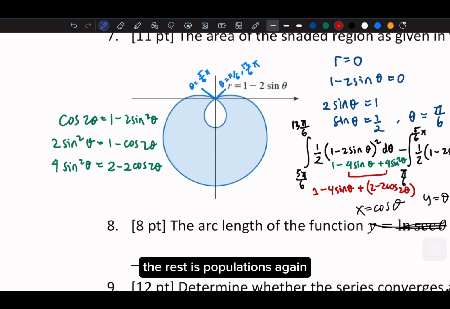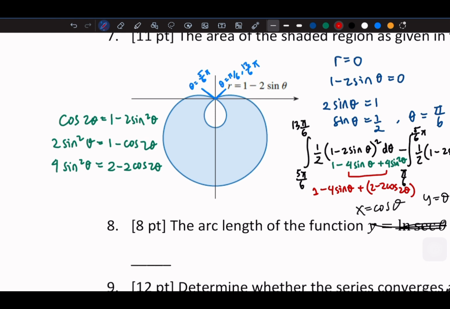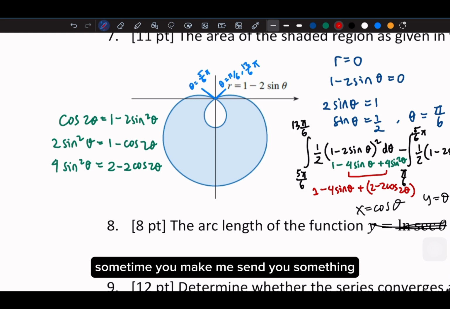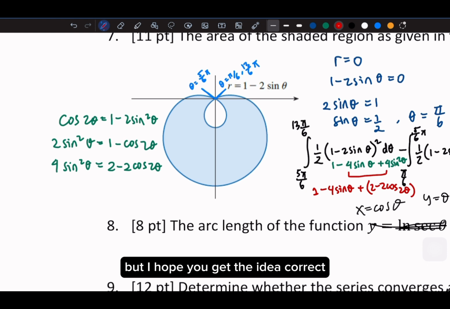The rest is calculations. If you get the first step right, it's already a lot of points. The rest here is just calculation. Sometimes you make mistakes, it's okay. But I hope you get the idea correct.